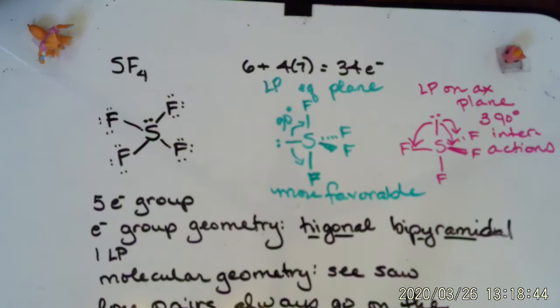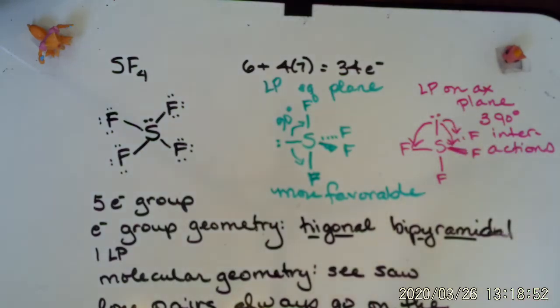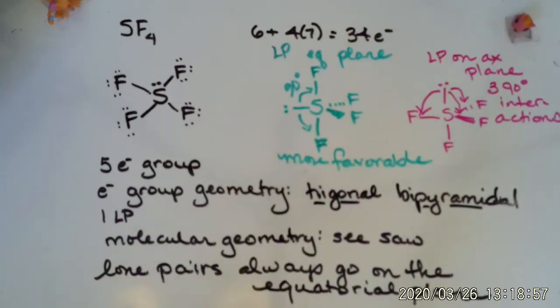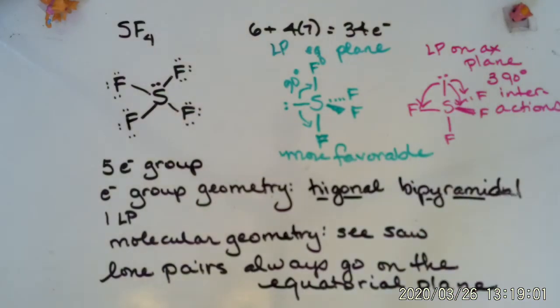Okay? So that's why we don't ever put our lone pairs, for trigonal bipyramidal specifically, on the axial, on the axis. It always goes on the equatorial plane. Okay?